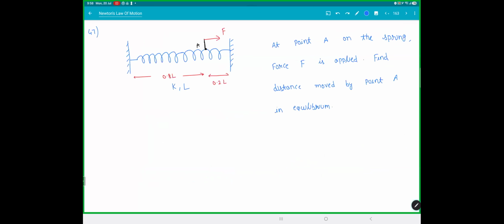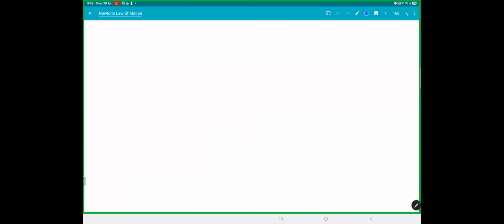Next thing. Massless springs. Now, most of the springs that we study are all massless. But if a spring has mass, it actually behaves a little differently. So let's see what is the difference.